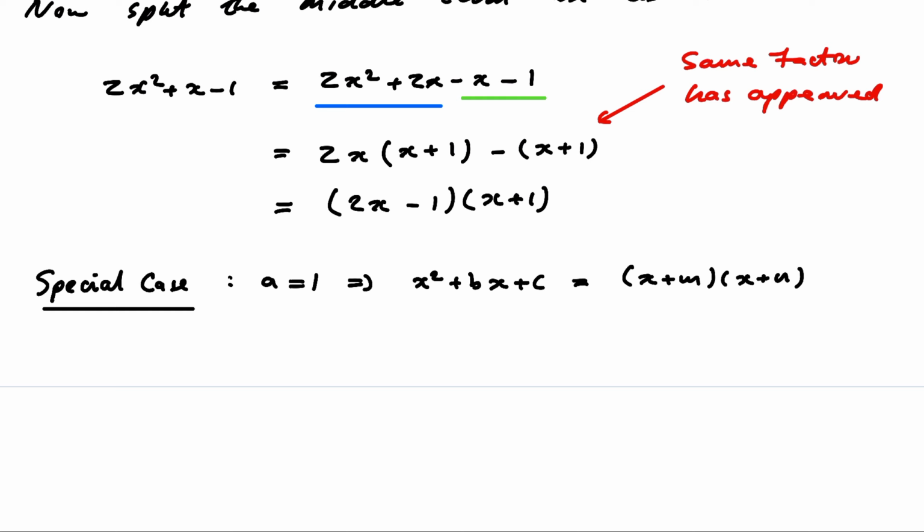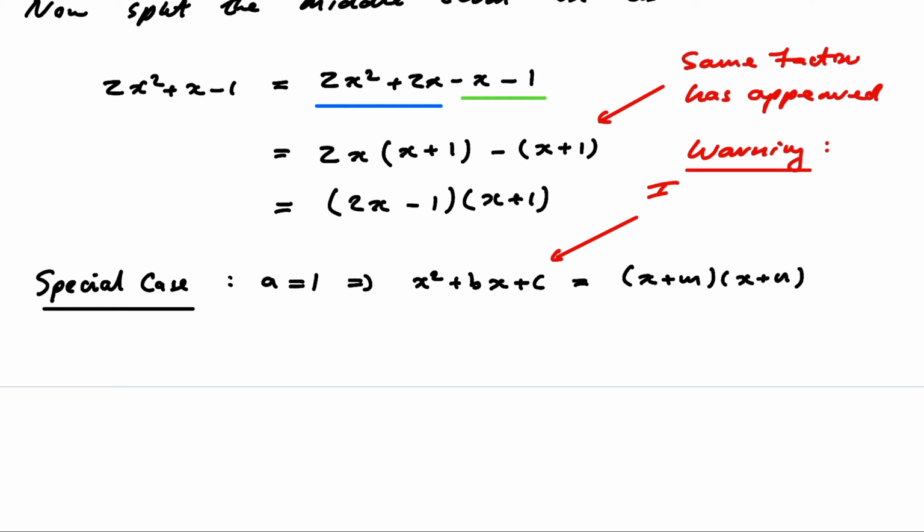Something to say here though is this only works for a is equal to 1. It is not true in general that this kind of pattern fits, so this is a warning. I'm really only telling you this to show you that there's a bit of a shortcut for a is equal to 1, but a warning. It's a mistake I've seen people make in the past.